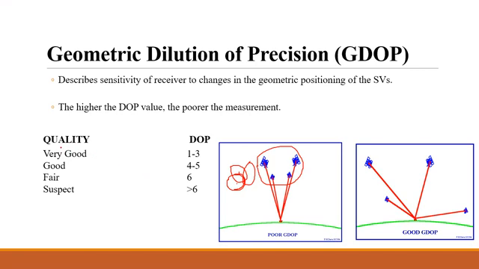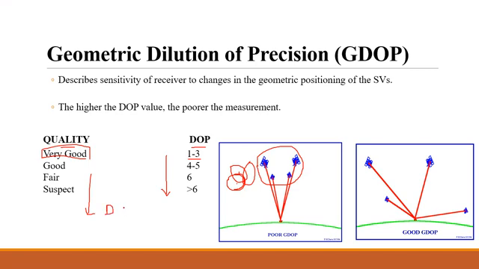This shows the quality and dilution of precision. For example, if the dilution of precision value is 1 to 3, the quality of a position will be very good. If the dilution of precision value comes toward 4 to 5, then it will be good. And as the DOP value increases, the quality decreases, meaning that both of them have an inverse relation.